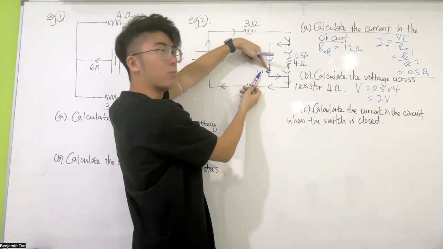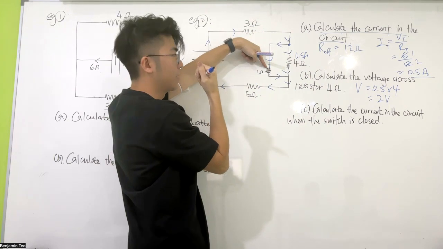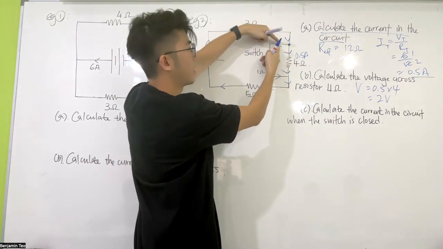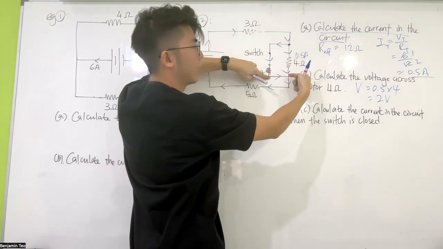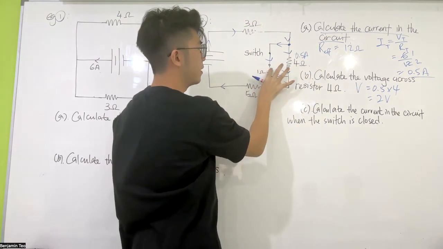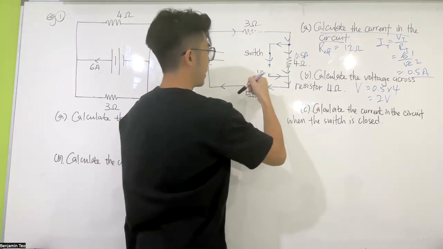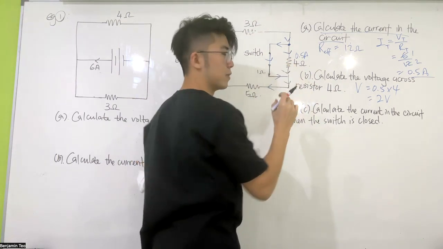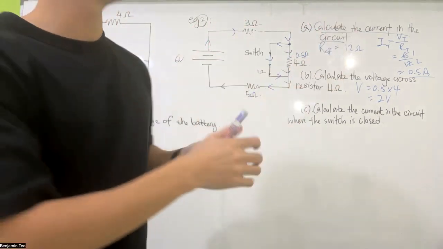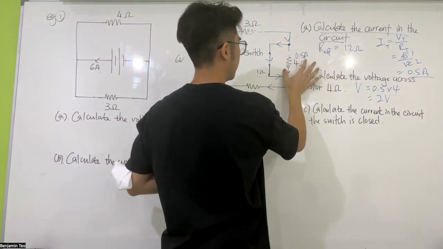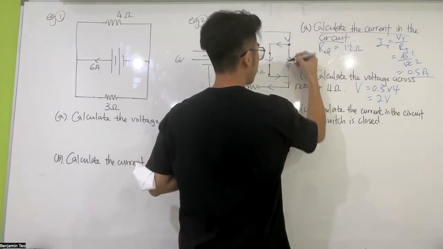Why? Because you have 1 ohm, less resistance, right? Less traffic, so more of the current will choose to go here. Less current will choose to go here. But if I remove the resistor such that I create a path of 0 resistance, 100% of the current will go there. There will be no current here. This we call a short circuit.